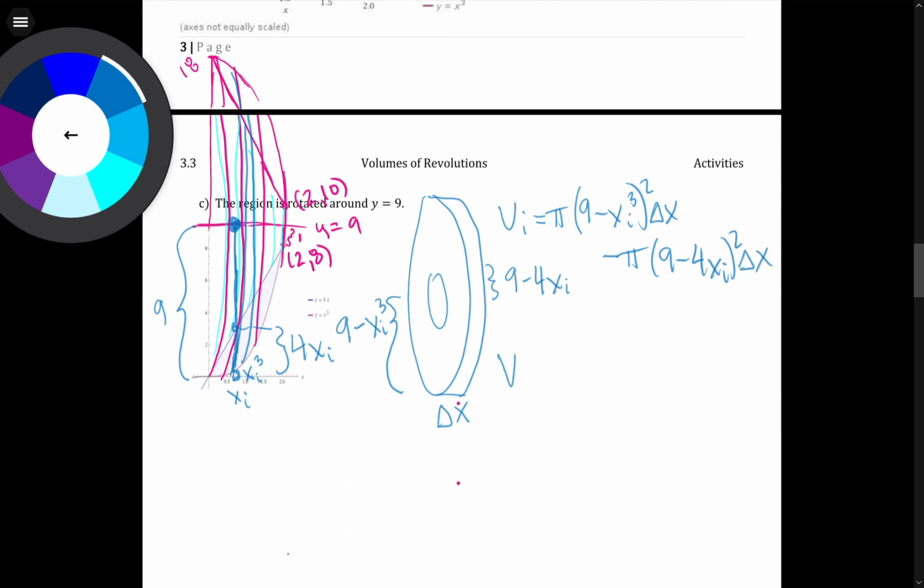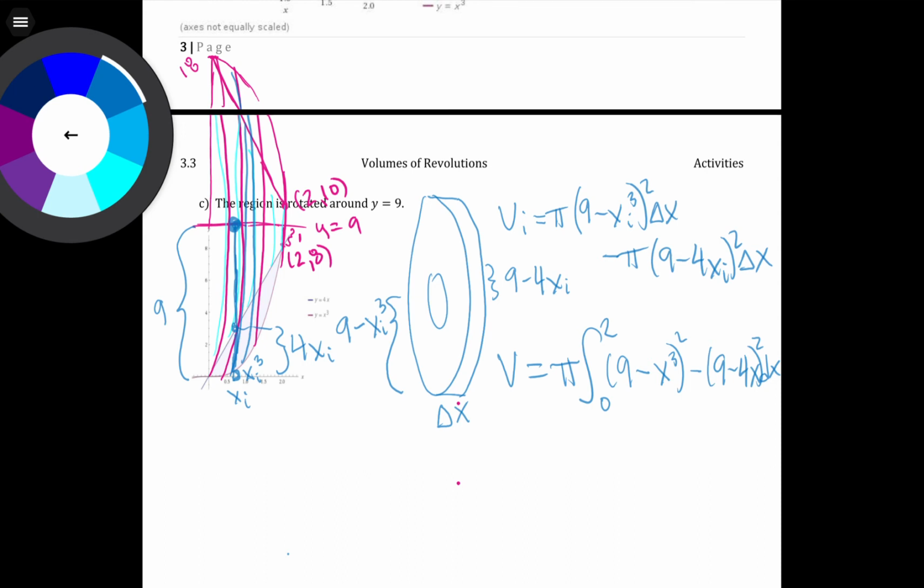So if I want to add all of those up and simplify a little for future integration, we are going from 0 to 2, and we're integrating (9 minus x cubed) squared minus (9 minus 4x) squared with respect to x. And again, for the purposes of integrating, I would actually FOIL that out. Make sure you FOIL, don't just distribute powers. If you're just asked to set up, this is great. You don't have to do anything more than that for setup.